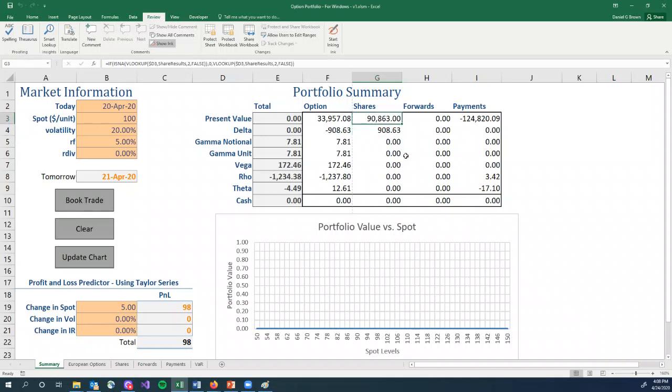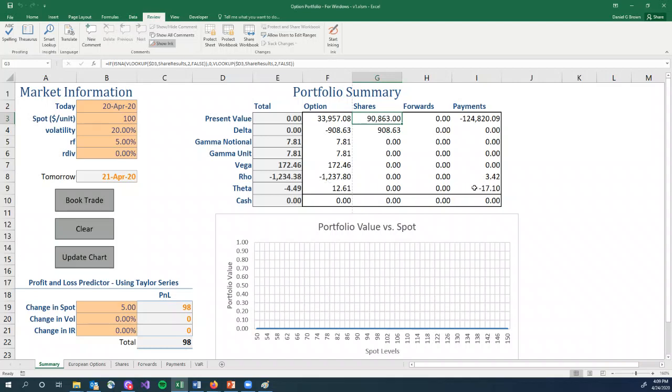In order to pay $90,000, we had to borrow $90,000, so we have to go short a zero coupon bond. Eventually, we'll have to repay that money. So we're going to go short a zero coupon bond for the present value of $90,000. That zero coupon bond, if we're short the zero coupon bond, it has a negative theta.